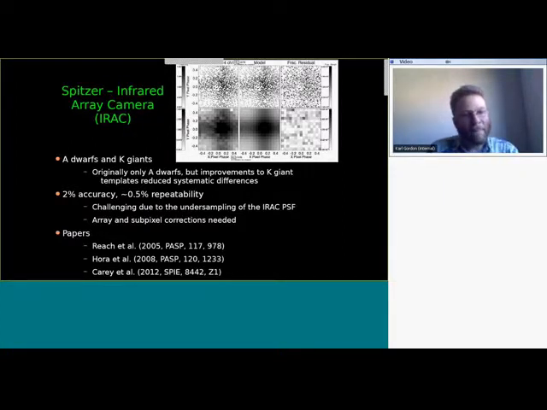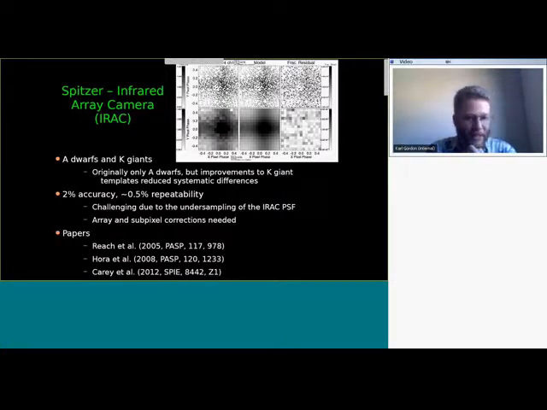For IRAC, K giants were used. Interestingly, originally only A dwarfs were used, partially because the templates for the K giants weren't consistent with the A dwarfs, and there are good reasons to believe that A dwarfs are easier to model from a stellar atmosphere point of view than K giants, which have molecular bands that I'll show in a moment.